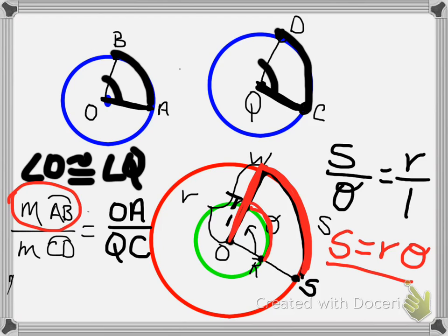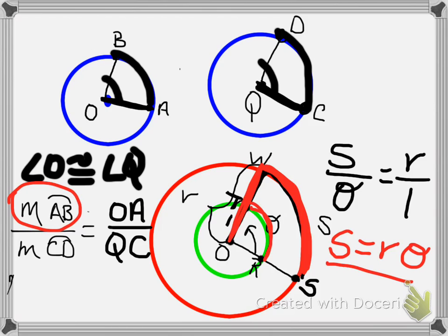Okay, that's the formula that we have derived from this picture. We first set a proportion with the blue circles and said that the measure AB over the measure CD is equal to the length of OA, which is the radius, over QC, which is the radius of the other circle. We applied that same concept to this dual circle here, and we're trying to solve for S being the circular arc. So the circular arc is S, and it's equal to R theta.